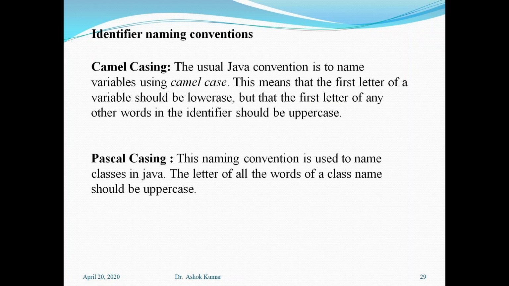So if I use a variable having two or more words, the first word should be in all small letters, and from the second word onward, every word should have its first letter capital. That is called camel casing.